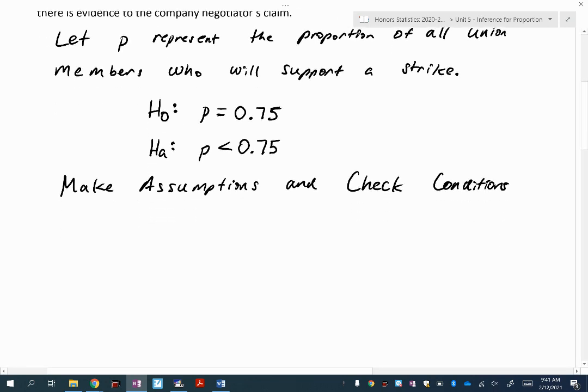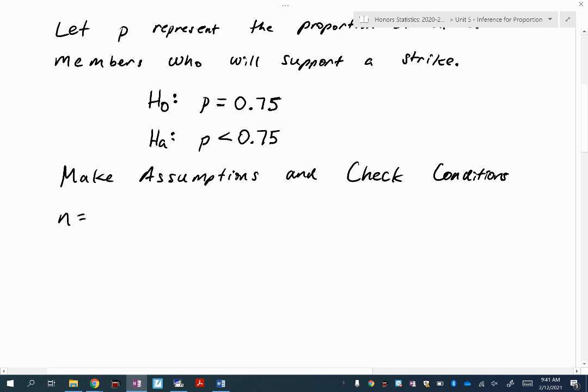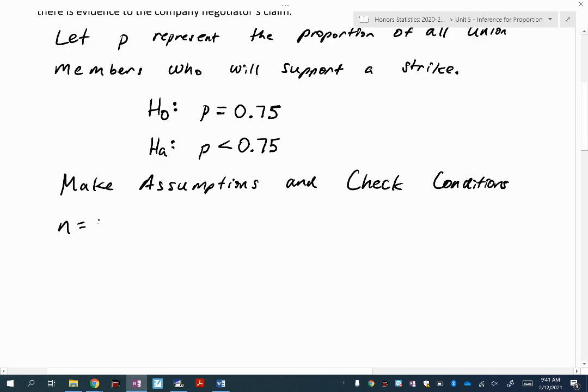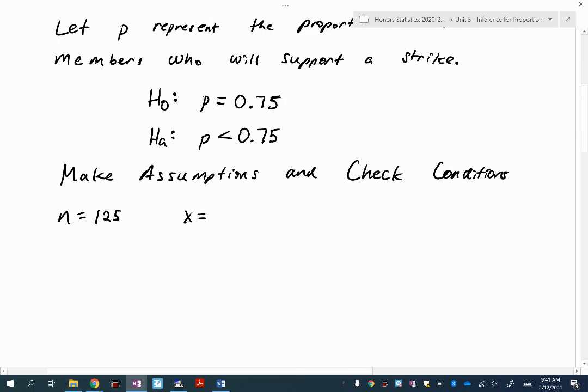Okay, so let's get to the math. We have a sample size of 125 union members. Our number of successes was 87, who said they would go on strike. So our p hat is going to be that fraction. I should do it in decimals so everybody can see.